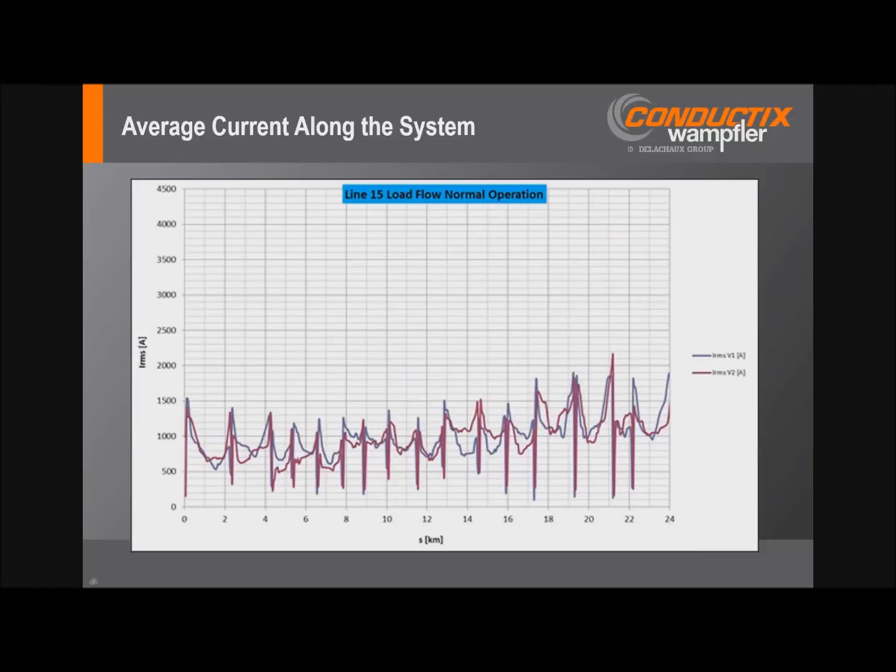I think this is what we're talking about here. These were actually at two different RMS current values. And I think this had to do with vehicle loading and train configuration. I'm not exactly certain, but I do know that these two conditions were based on vehicle configuration. So I hope I've answered your question.